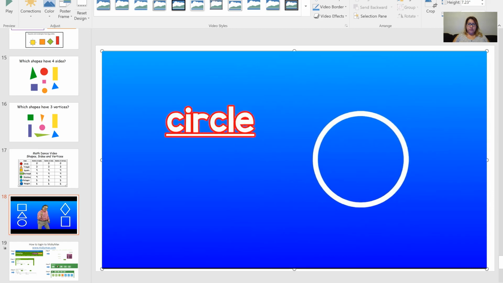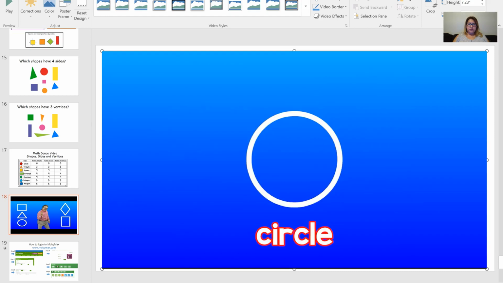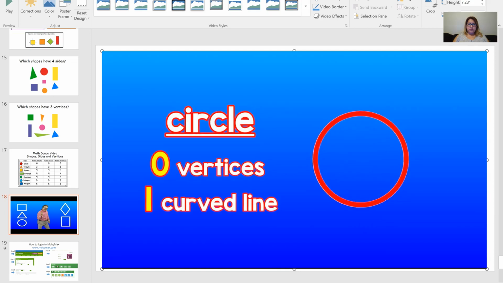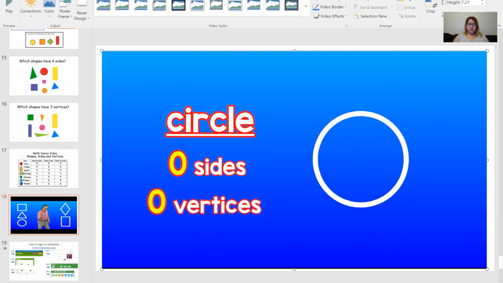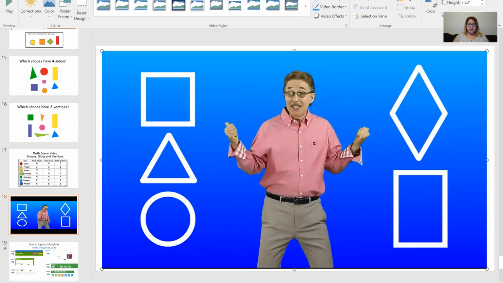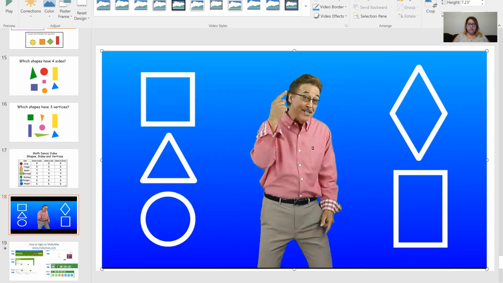A circle has 0 sides, but has 1 curved line. Let's move and count the vertices of a circle. A circle has 0 vertices, but has 1 curved line. A circle has 0 sides and vertices. 2D shapes. 2D shapes. Which ones have sides and vertices? We learned today.